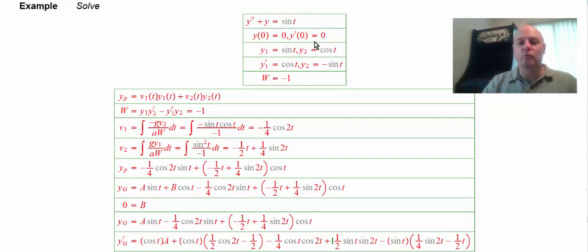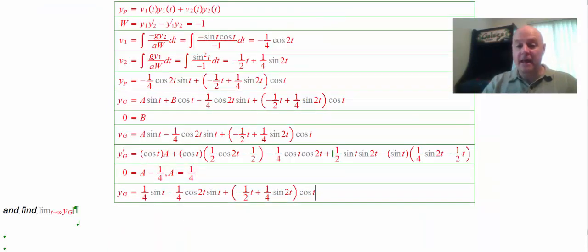So we hit this resonant frequency. We start at 0 with the slope of 0. It's at the equilibrium and it's not moving, and yet, here's our answer. When t goes to infinity, this waves up and down, this waves up and down. But this part goes to infinity times a cos, so our answer oscillates off to infinity. It oscillates off to be unbounded.